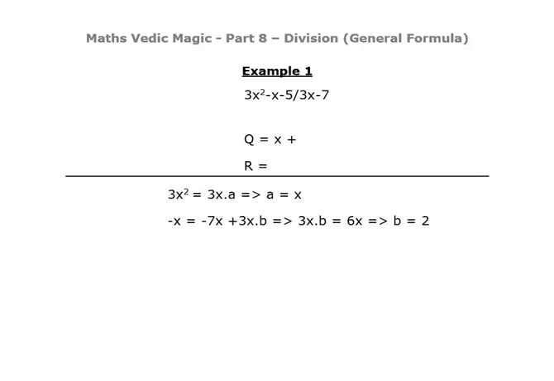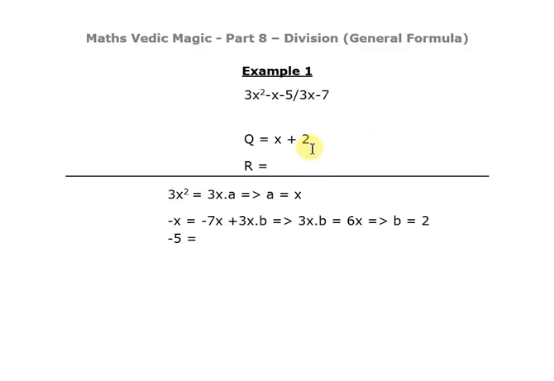Now we have pretty much exhausted all the terms in the quotient. Whatever comes up next would only be the remainder. Let's look at the next number, which is minus 5. How can you get minus 5? It should be the multiplication of all the numbers only.